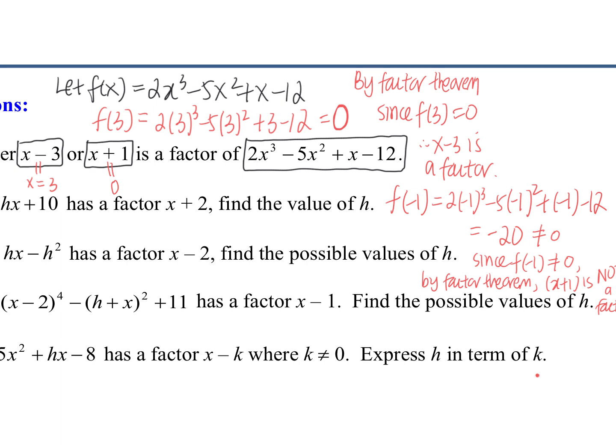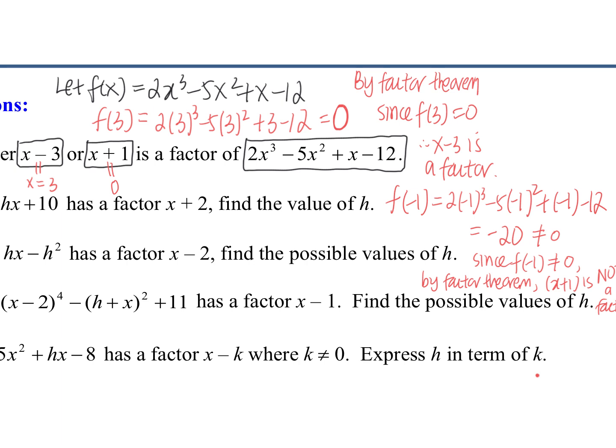This one is page 10. Okay, so question 1 just now we went through already. Just make sure it's a show question. I did not need to let f of x be equal to this.